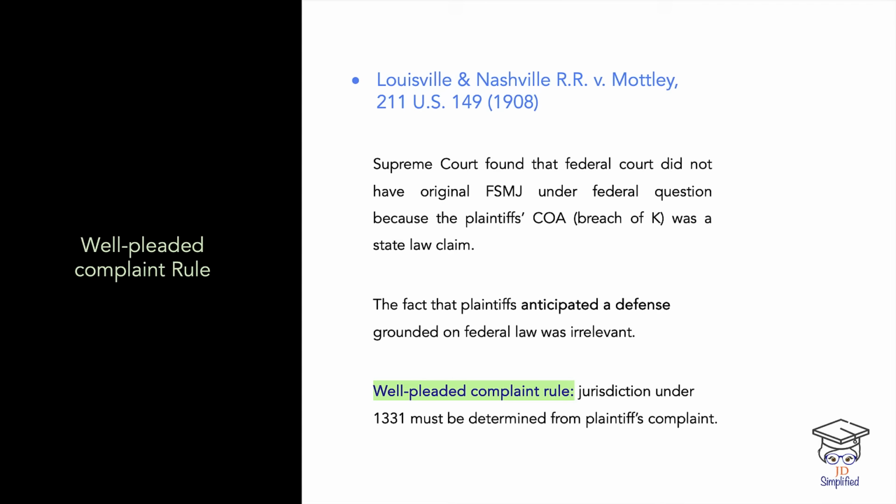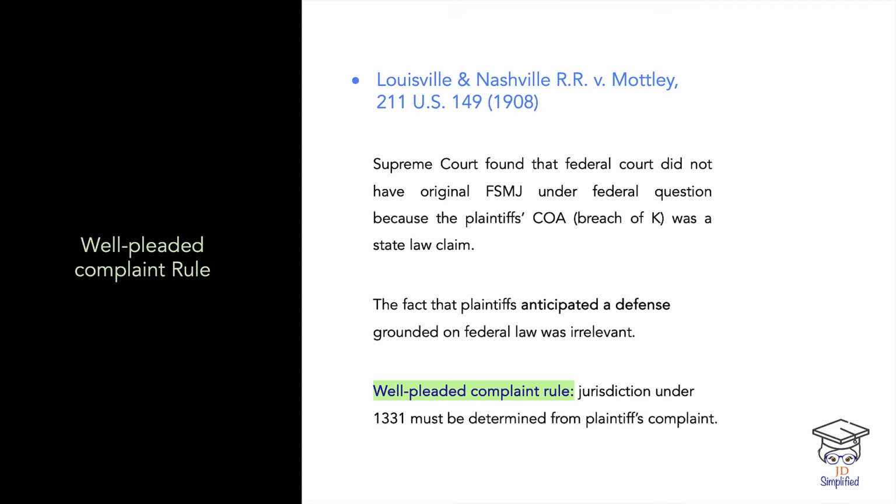The Supreme Court found that federal court did not have original federal subject matter jurisdiction under federal question because the plaintiff's cause of action, which was breach of contract, was a state law claim. Just as the defendant cannot create federal jurisdiction in the answer, the plaintiff cannot manufacture federal jurisdiction by anticipating a federal defense to her state law claims.